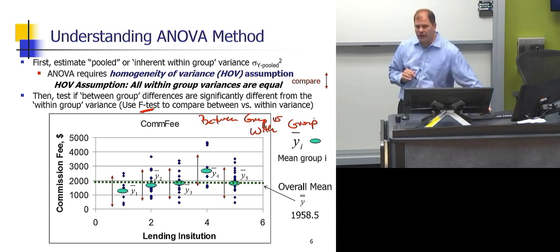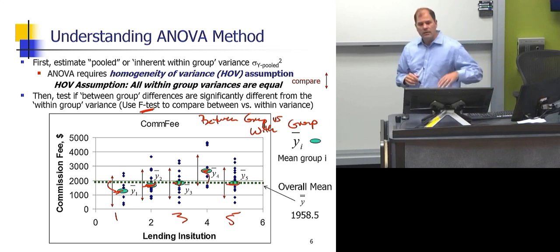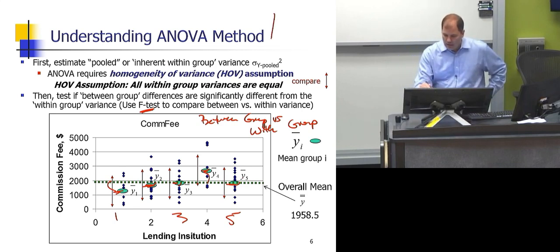And the between group variance can be thought of as this. If I have 5 lenders, each of those lenders has an average. And each of those averages can be compared to the overall average. If this was my 5 averages, so we'll do y bar 1, 2, 3, 4, and 5.